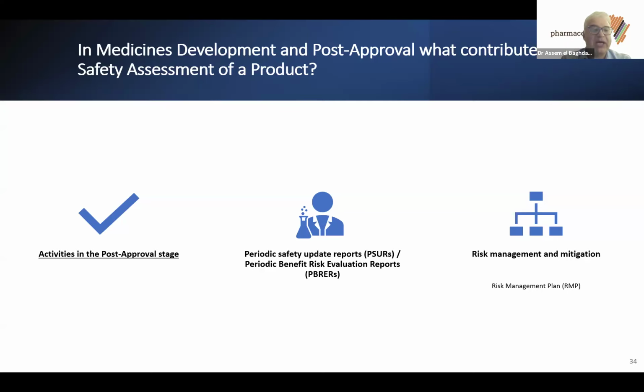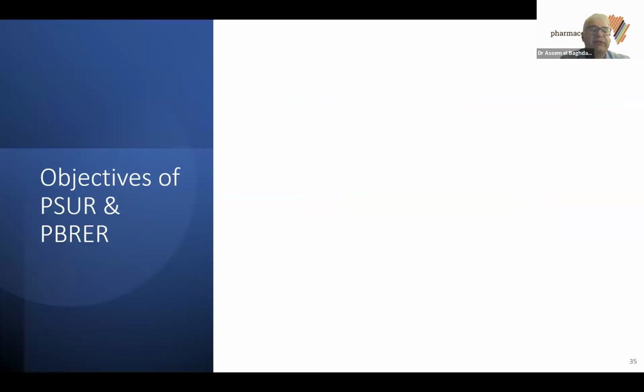That's why the post-approval stage is very, very important. And I would say that the safety assessment or the benefit-risk assessment is even more important when the drug is on the market than before the market, when it is still in development.